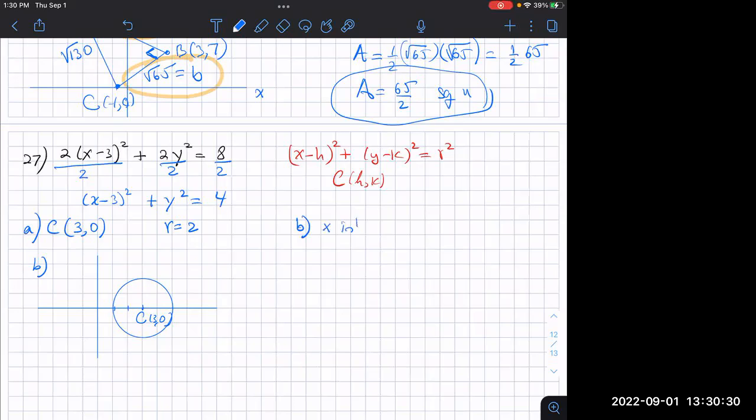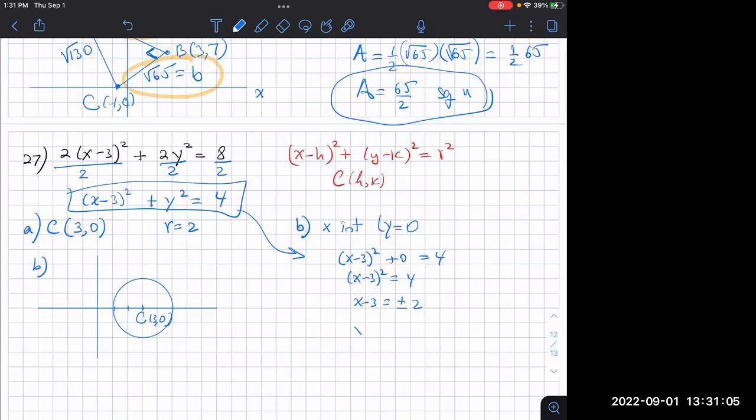For the x-intercepts, you said y equals 0, right? So you can go to this expression and set y equals 0. (x minus 3) squared plus 0 equals 4, or (x minus 3) squared equals 4. So x minus 3 is plus or minus 2, then add 3 to both sides.